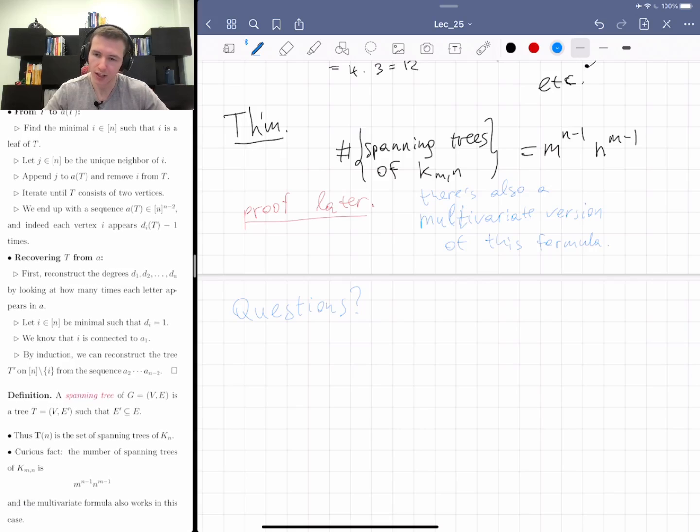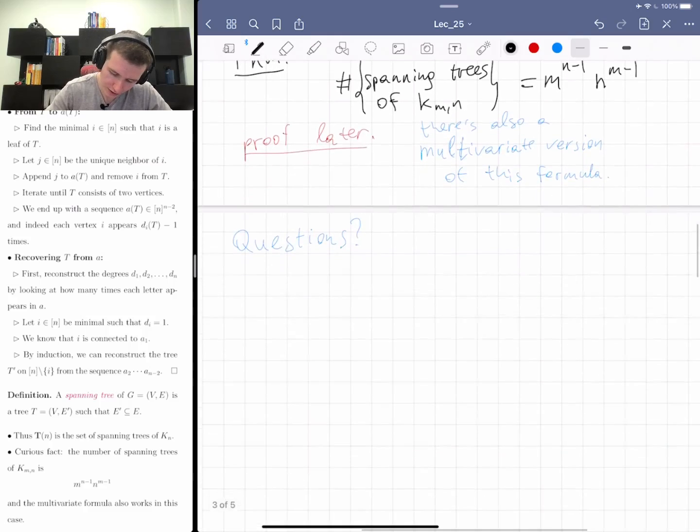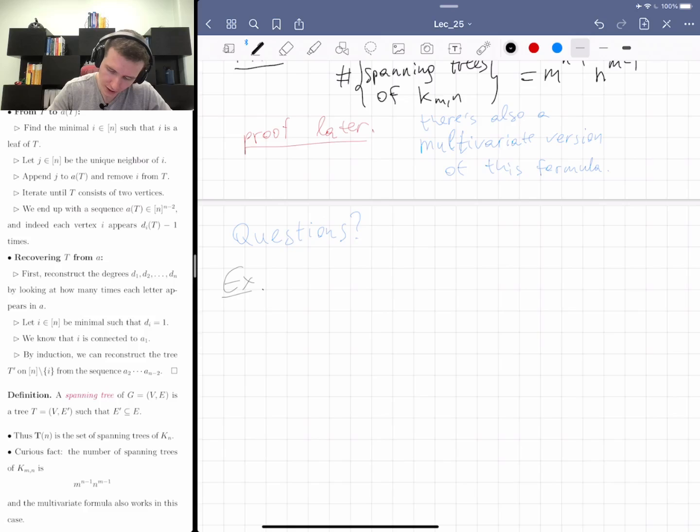Okay, I guess it doesn't work if n or m is 1, right? I think it should work. Okay, let's try an example. Let's say m is 1. So I'm looking at K_{1,n}, which looks like this.